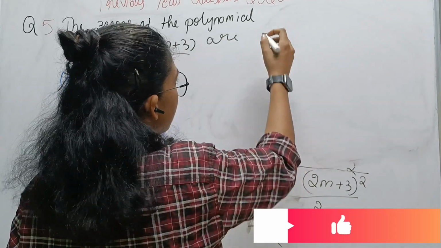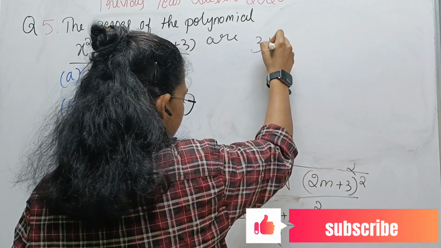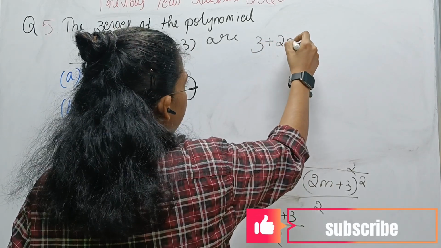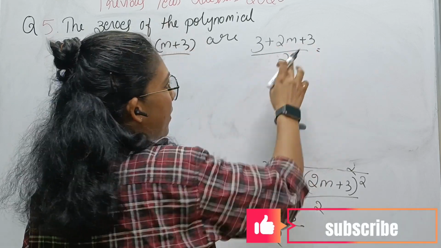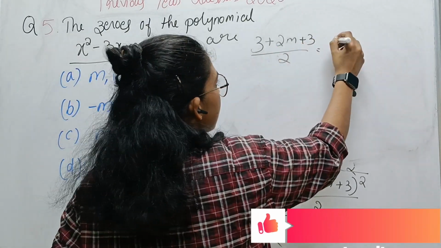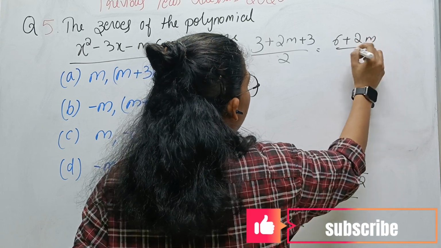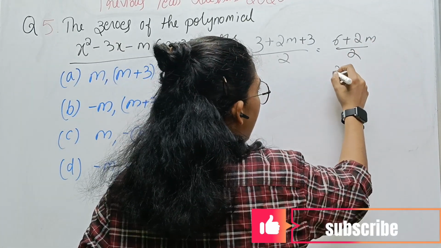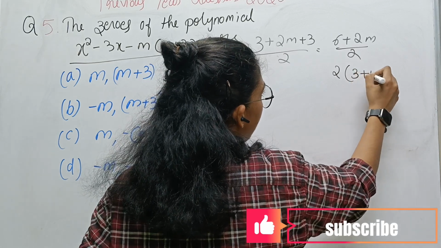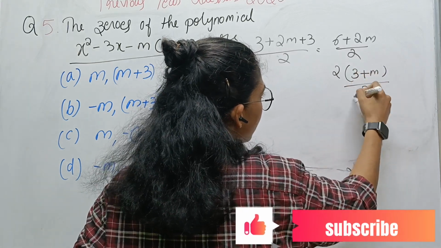Okay, so now 3 plus 2m plus 3 upon 2, that is equal to 3 plus 3 is 6, 6 plus 2m upon 2. If we take 2 outside, what happened? 2 times 3 plus m divided by 2. 2 cancel.